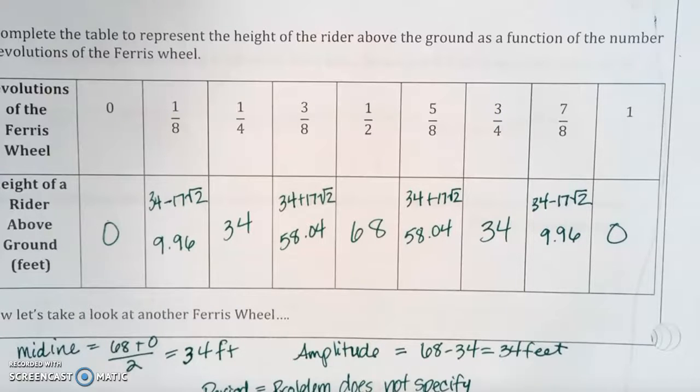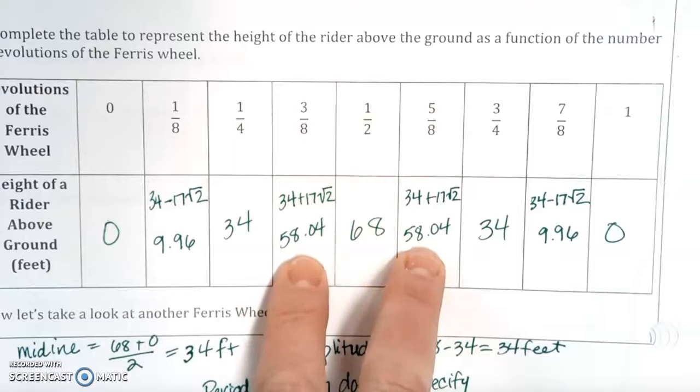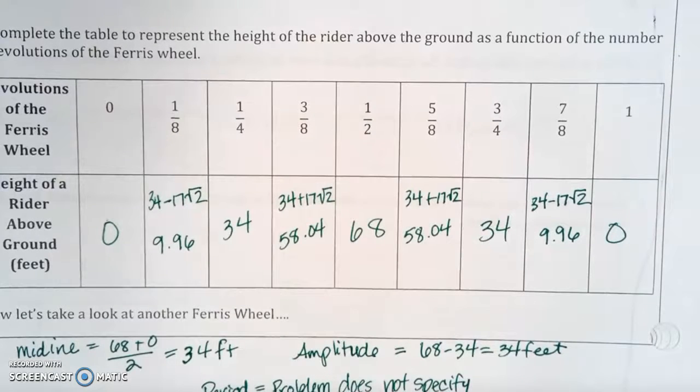Okay, so here you're at 9.96 feet. When you go around a Ferris wheel, you're going to hit that same height right before you get back to 0, so this should match this, right? And then these two numbers should match as well, because that's right before you get to the top of the Ferris wheel, and then right after the top of the Ferris wheel, those two heights should match as well, okay?